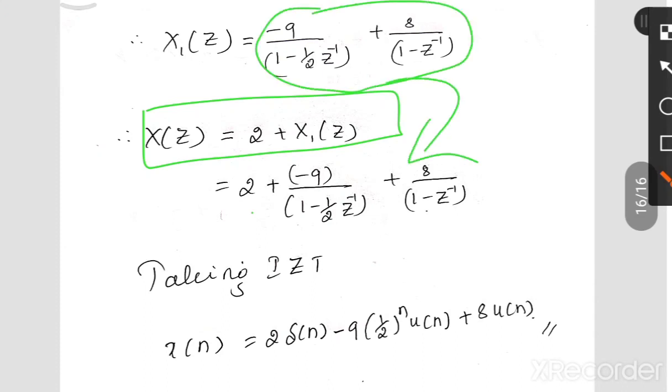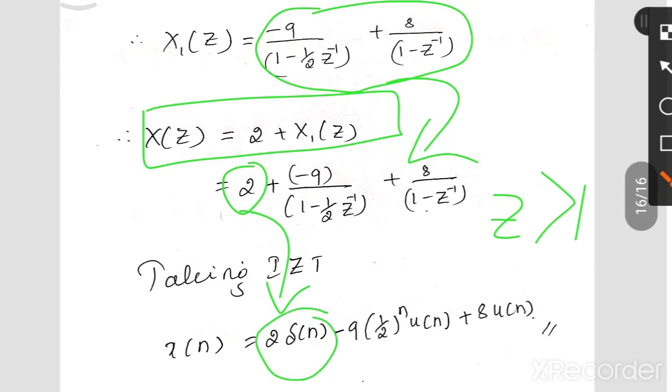Now taking the inverse z transform, as we know the ROC is greater than 1, meaning you get an entirely right sided signal. Okay, 2 is a constant term, so you get an impulse signal, that is delta of n. Therefore the inverse will be 2 delta of n.